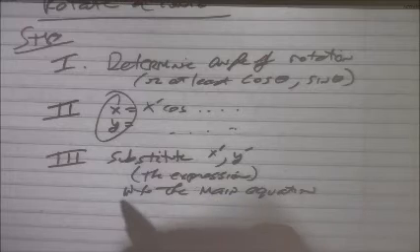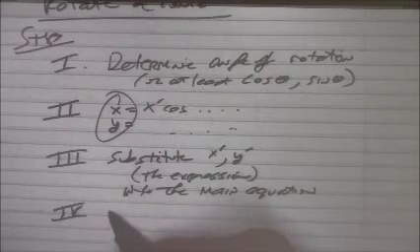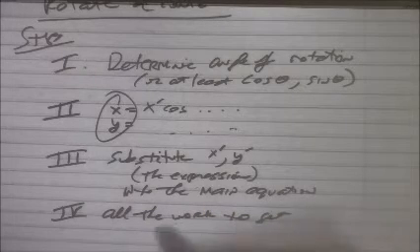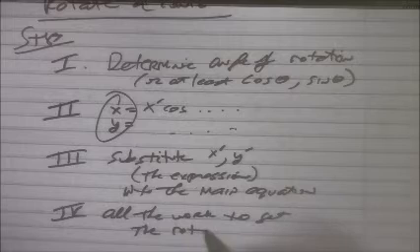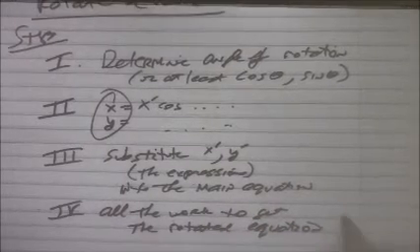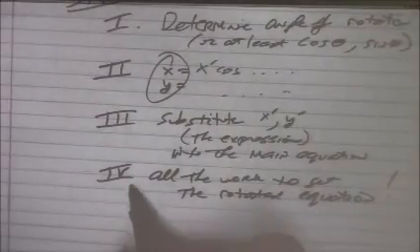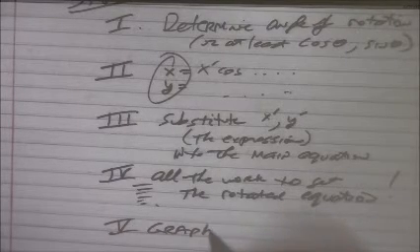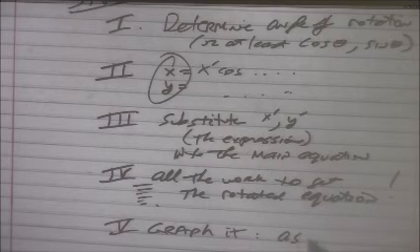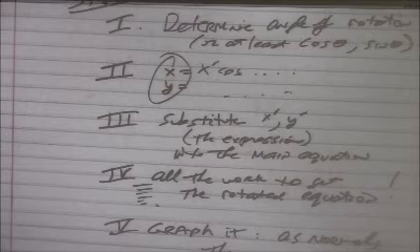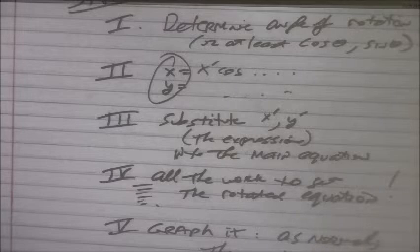And you do all that in order to get the rotated equation. So that's all of those steps to do to get down to that. Once you get that equation, then graph it as normal, then rotate it.